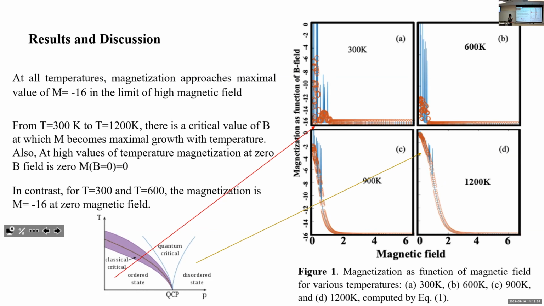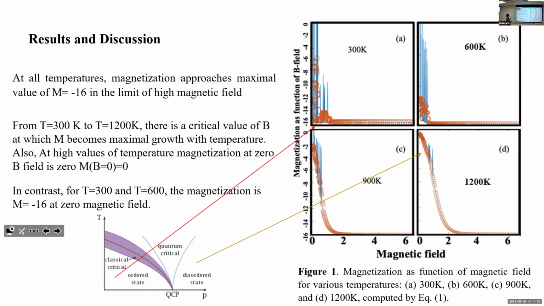For figure 1, this is the magnetization as a function of magnetic field for various temperatures. As we can see, at all temperatures, the magnetization approaches a maximal value of minus 16 in the limit of higher magnetic field.